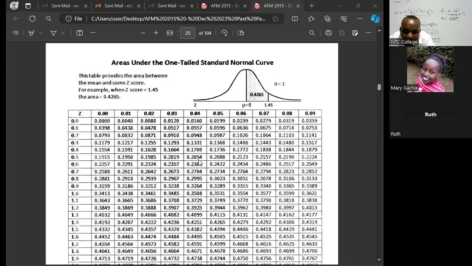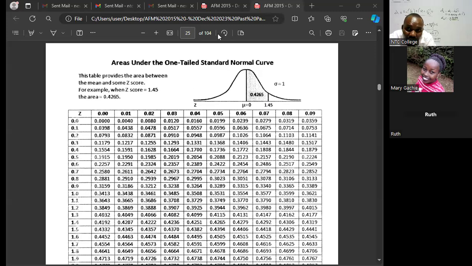This is the table. Unaona vile ina flow. So that is why we were saying hapa ni positive 0.4 something hadi hapa. Huku ni negative. Huku ni positive. But anyway, don't worry about this. The table will be given the way you are given this one. Normal distribution table, normal curve.